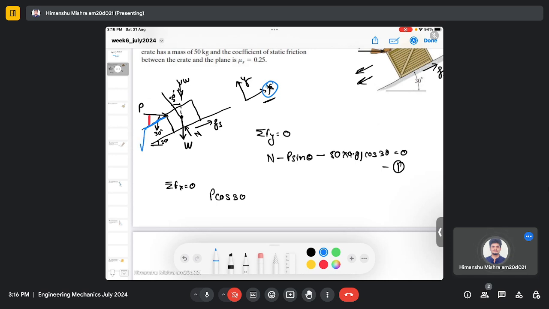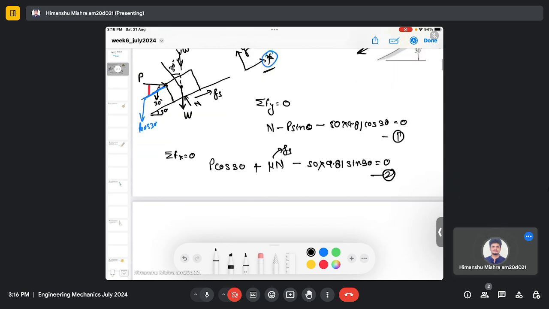So this is my P cos 30 plus a friction force which is mu N, so this is basically Fs, minus the component of weight in the x direction, which is 50 multiplied by 9.81 sine 30, equation number 2.